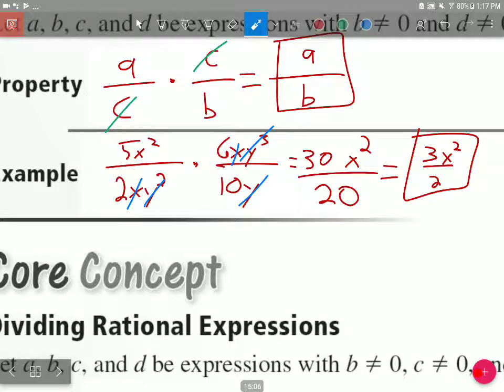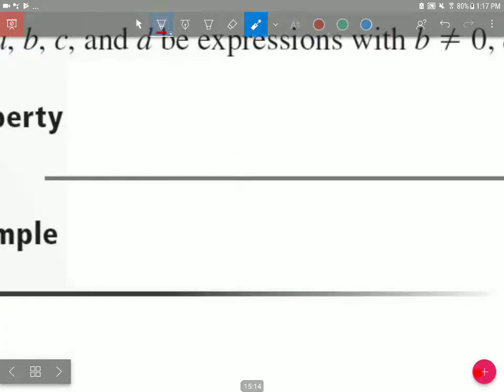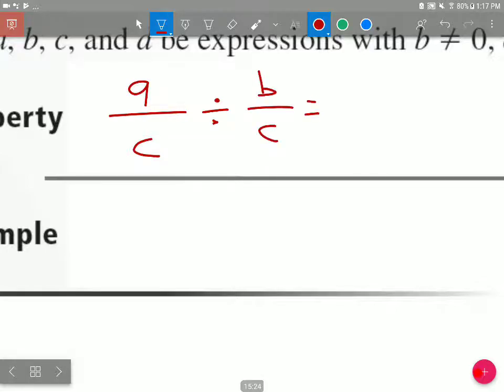All right, dividing. Dividing is so much harder. Oh my goodness. It is so much harder. I'm being massively sarcastic. So let's say I have A over C, divided by B over C. All right, let's go back to 4th grade. When you're dividing by a fraction, how do you divide by a fraction?